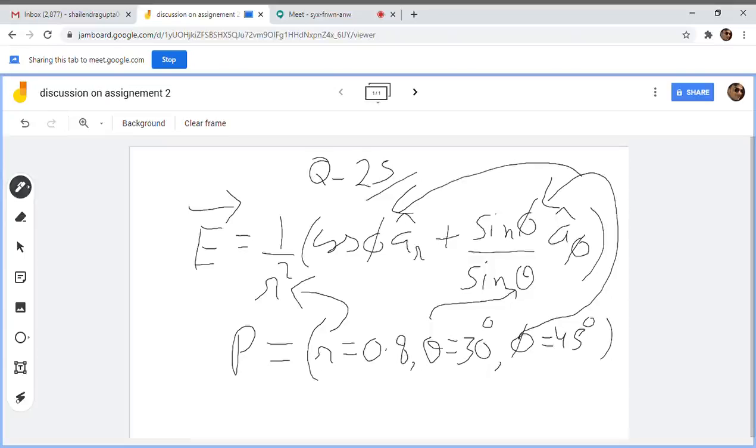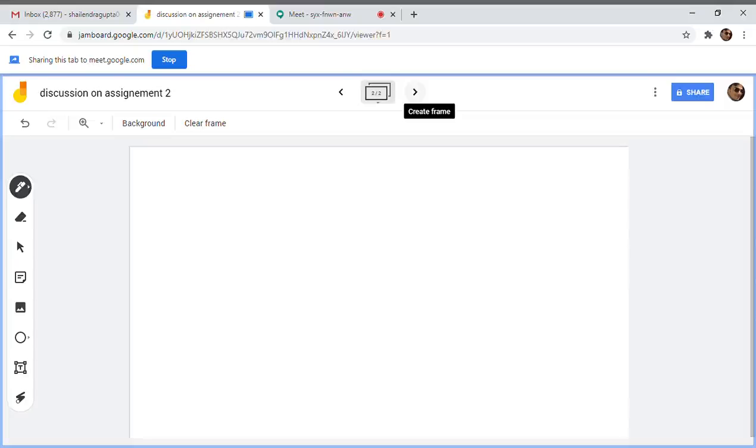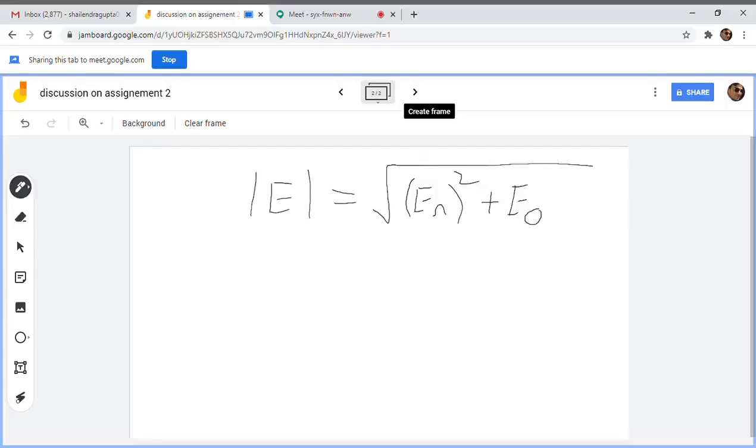Then it says that you need to calculate the mod of E. So mod of E is what? Mod of E will be the square root of the R component of the electric field squared plus the phi component squared and the theta component squared.